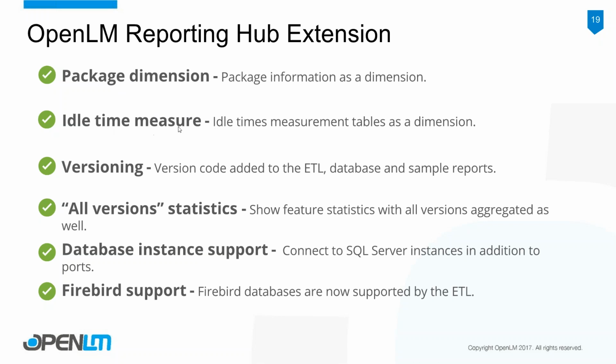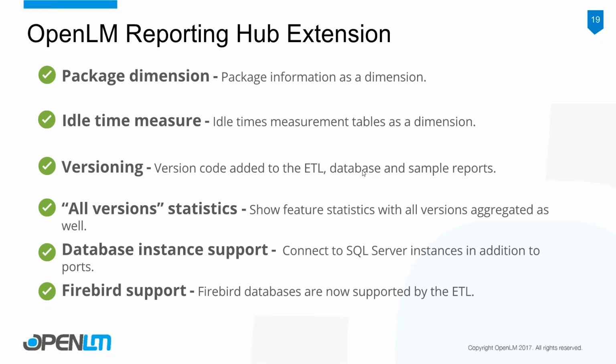The idle time measure was also added here. Now you'll be able to aggregate, filter, and add to reports the idle time measure, which before was missing. We've added versioning to the ETL database and sample reports.